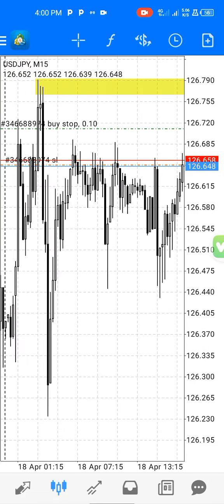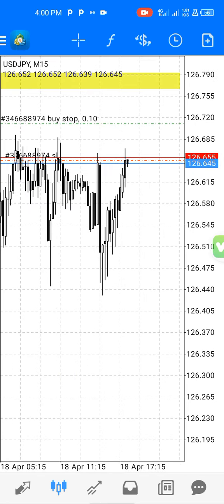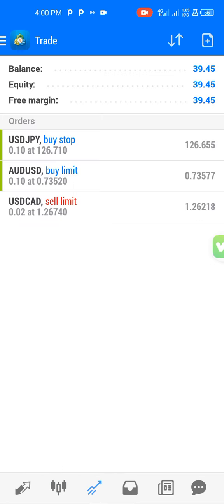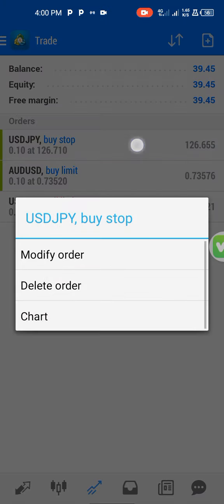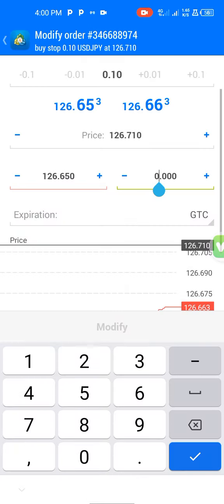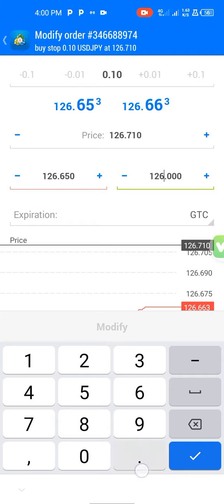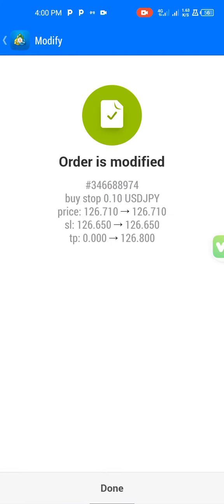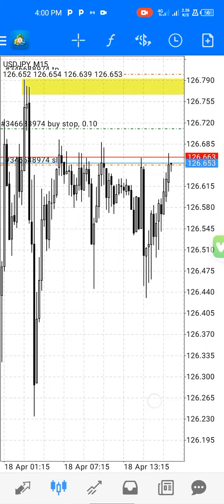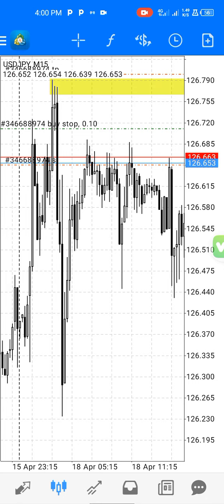And let's say my take profit is somewhere around the supply zone, 126.8. That's where my take profit is. Can you see?